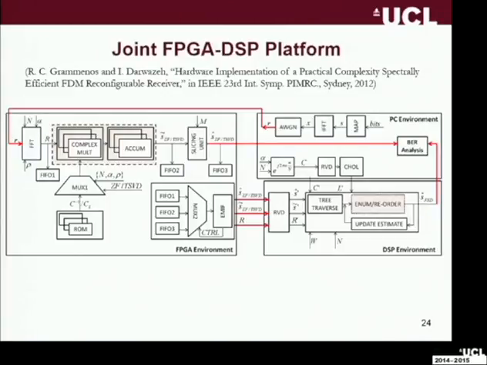And if the question is, well, why did you do that? The answer is because the fixed sphere decoder, even the fixed sphere decoder, was too complex at the time to implement on the FPGA, which in this case was a Virtex 5. So therefore, we used this joint FPGA DSP environment to be able to implement the receiver, and then we did all the analysis in MATLAB. Okay?